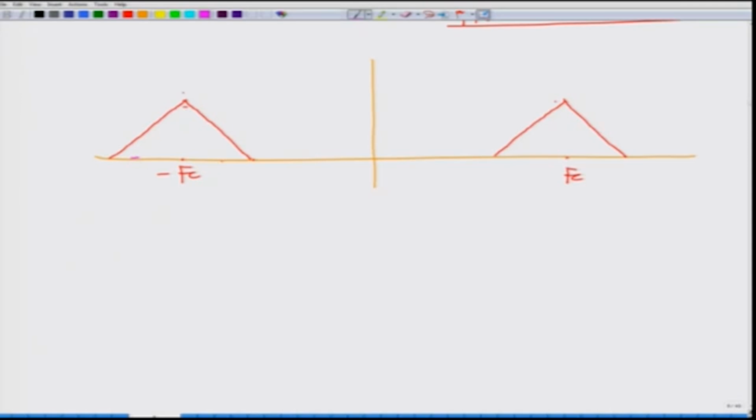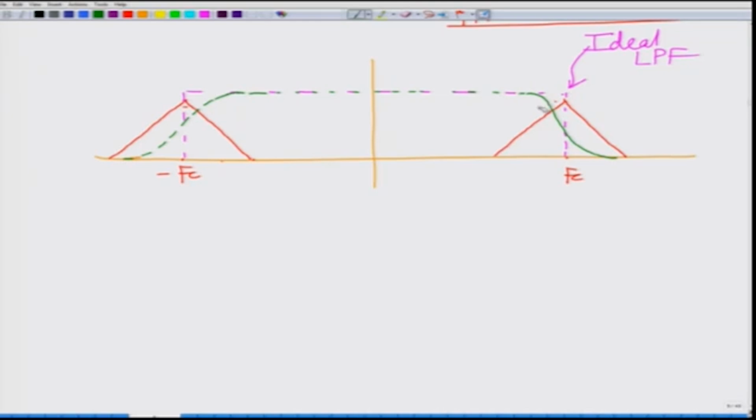And you have a low pass filter which has a transition. Let us say this is your ideal LPF characteristic. Then you have an approximate low pass filter which has a finite transition band. That looks something like this, and then again a finite transition band here.